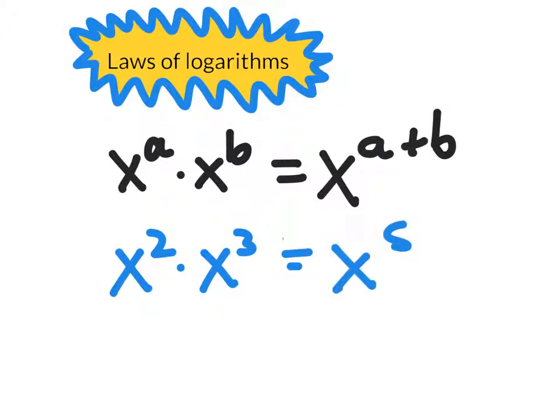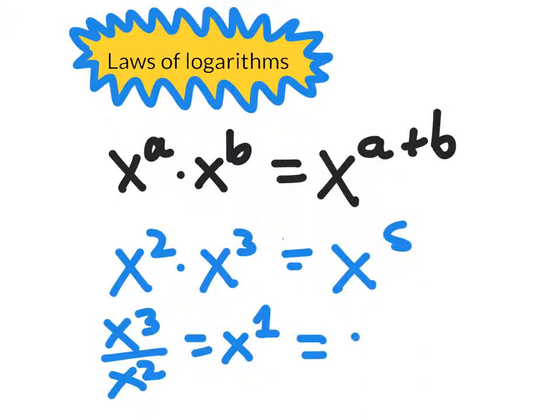And similarly, we saw how if I have x to the power of 3 divided by x to the power of 2, in this case I would subtract 3 minus 2 is equal to 1, which is the same thing as simply x. And we went through some of these in our prior knowledge revision.